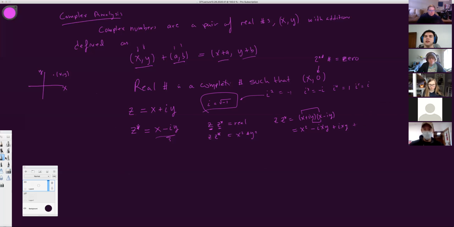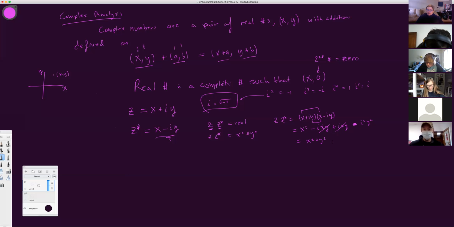Because it would be a negative. Yeah, it would originally be a negative y, and then when you i squared, it would be a plus i squared y squared. Right. So, we can see that these terms drop, and this is negative 1, so positive. So x squared plus y squared.